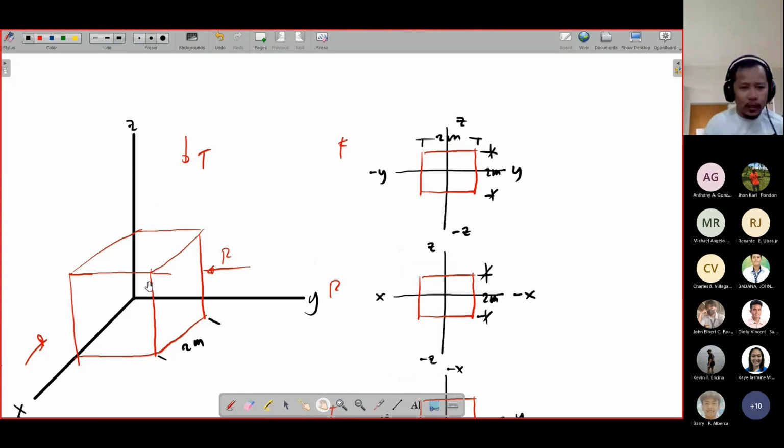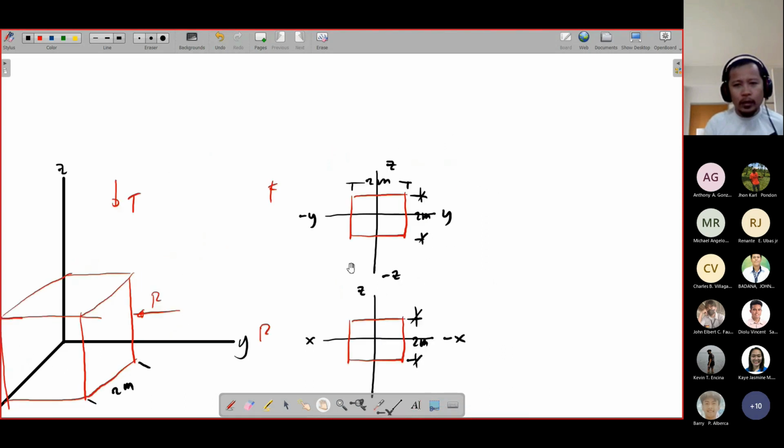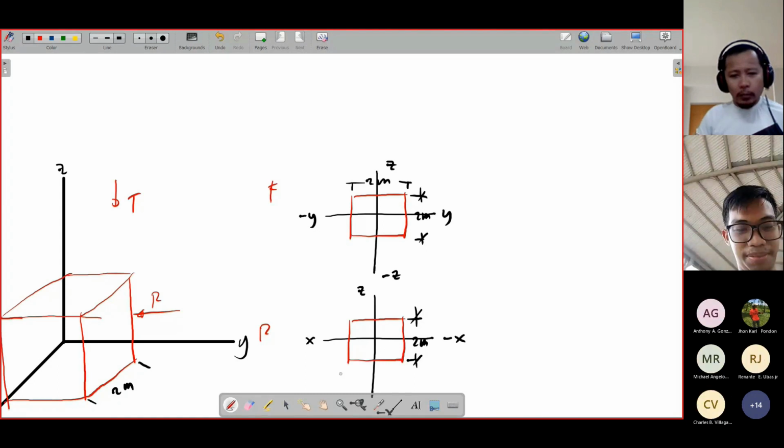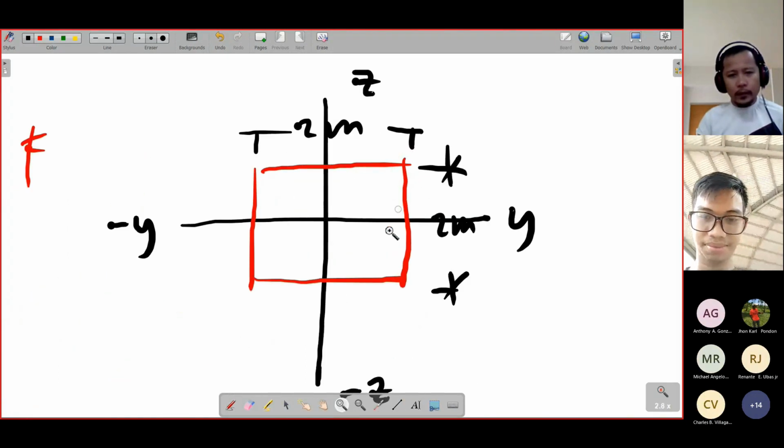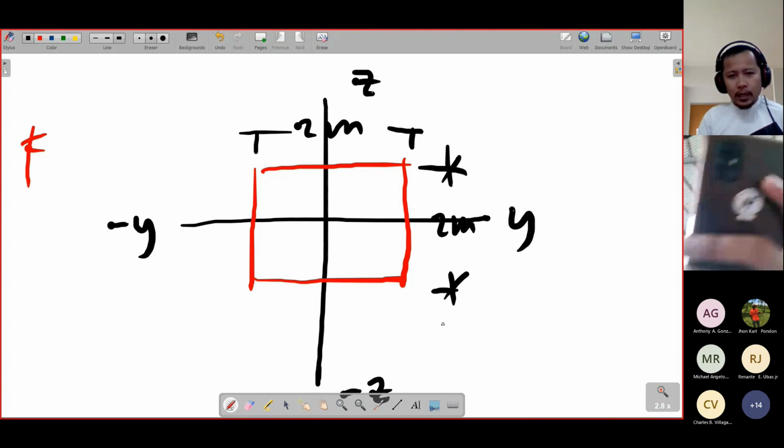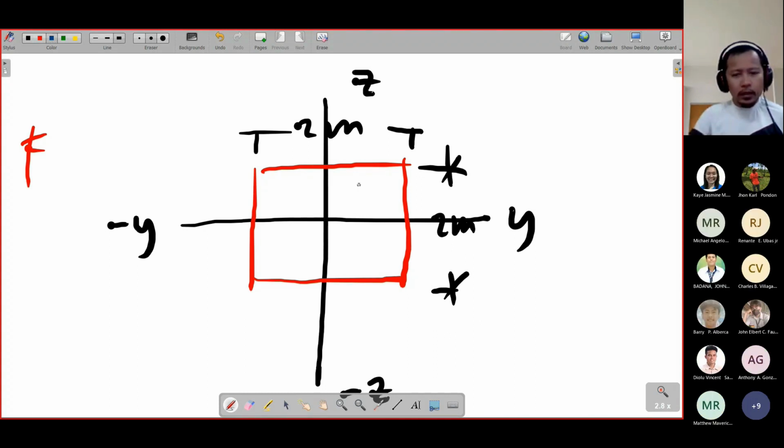In the front view, you see the y-axis and the z-axis. You don't see the x-axis. So, let's zoom in. For it to be 2 meters, this should be, on your y-axis, positive 1. Because it is 2 meters, the distance here should be 1 meter. The distance here is also 1 meter.